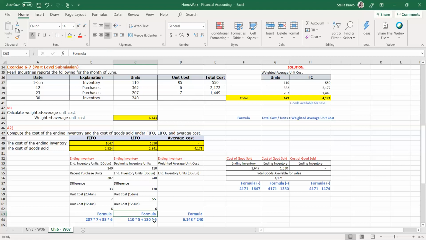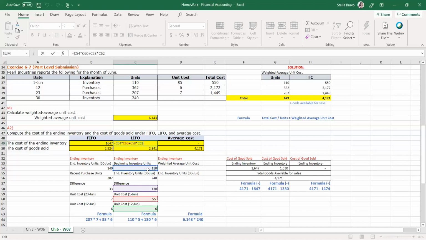Once again, the formula is the same one, we just change our values here. So we have the beginning inventory units times the unit cost, and the difference between the beginning and the ending inventory units times the first purchase unit cost.